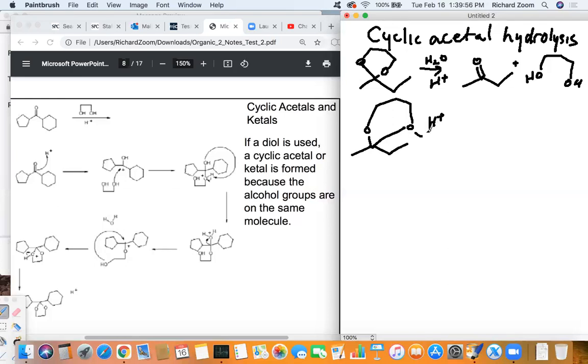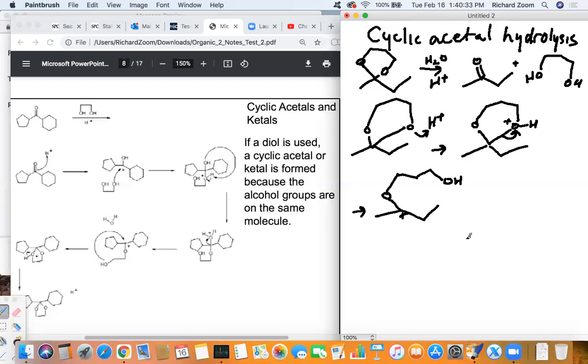So the first step will be the H plus attacking one of those oxygens. It doesn't matter which. And then look what happens once it gets protonated. It leaves. By leaving, I mean it's still kind of attached, but the OH group is now no longer attached to where the C plus was.